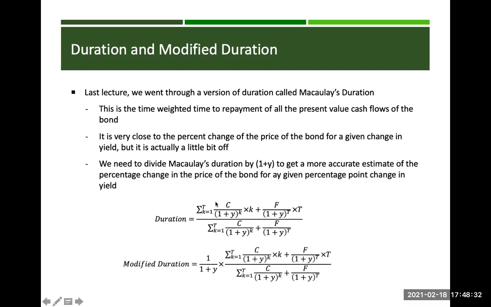And all you do is divide Macaulay's duration by 1 plus the yield, and you get modified duration. If you're using semi-annual coupons, it would be 1 plus y over 2. I'm showing you annual compounding, annual coupons.